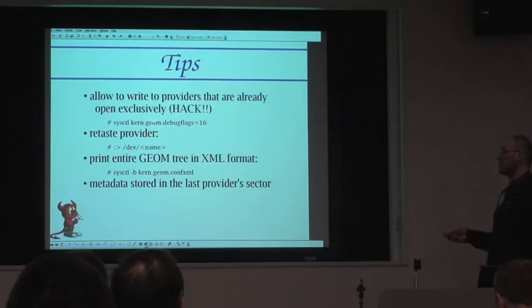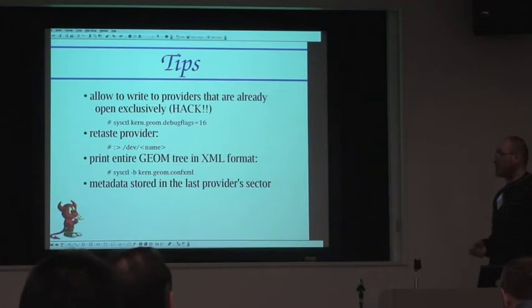Sometimes you have to do it because some tools are still not really GEOM aware. So, for example, if you want to add a partition or slice, and don't edit other partitions or slices, you are not able to open the disk to actually write the new partition table. And this hack can be useful for that.